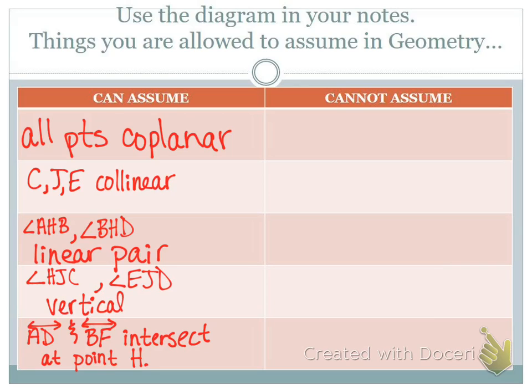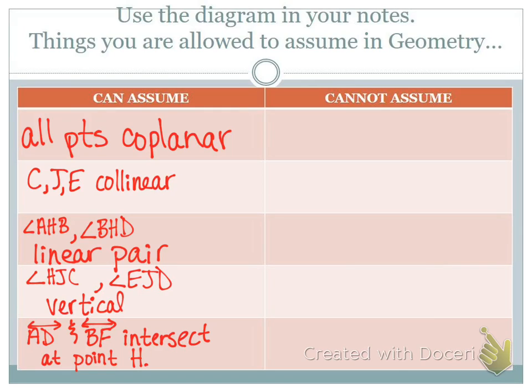You could just put they intersect at H. So these are all things we can assume. Now, it seemed like maybe some of us were struggling a little bit with naming these angles. So that's something that maybe we need to work on, is naming angles from a diagram. I'll be thinking about that.